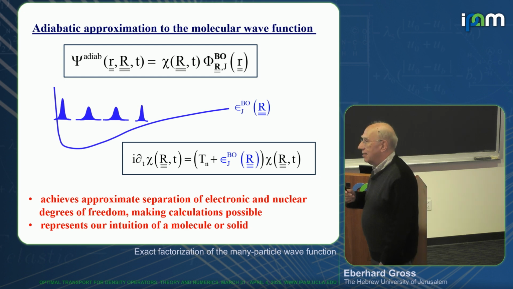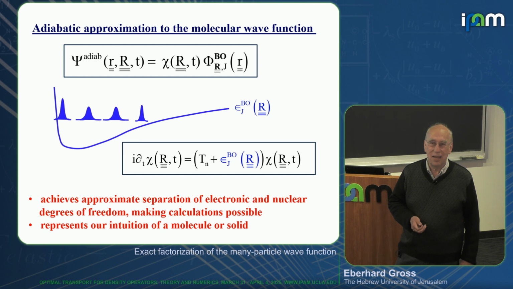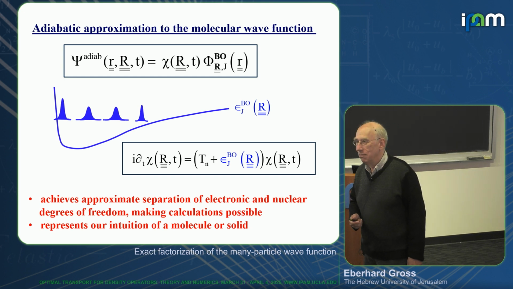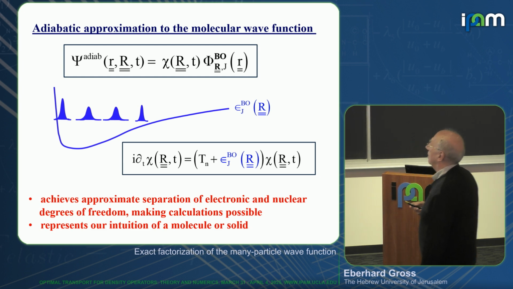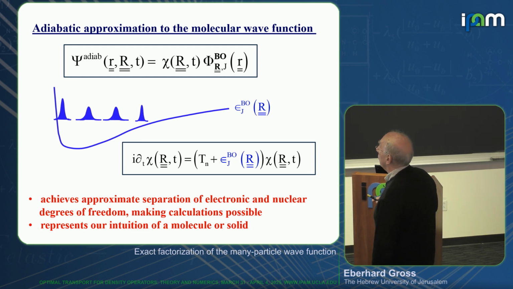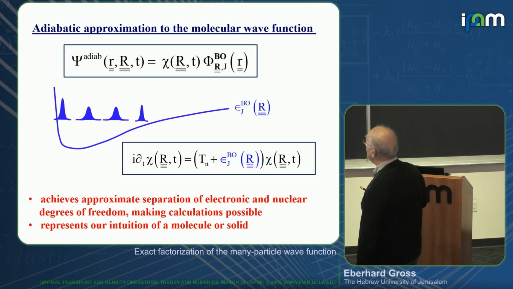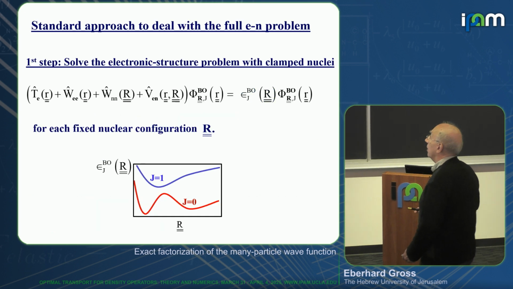Now, the second step that is almost always done is what is known as the adiabatic approximation, where we approximate the full electron-nuclear wave function by a single product of this kind. So it's a nuclear wave function times one and only one of these Born-Oppenheimer states. Right?